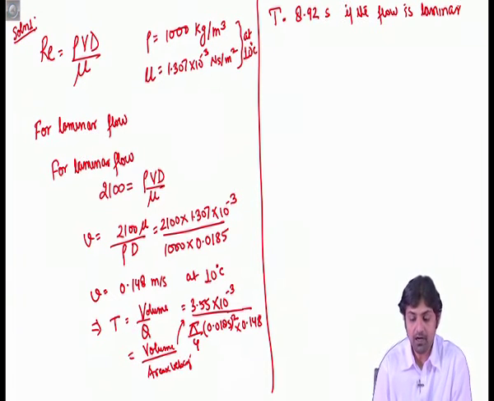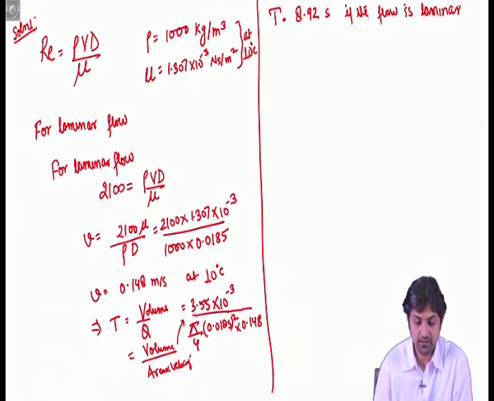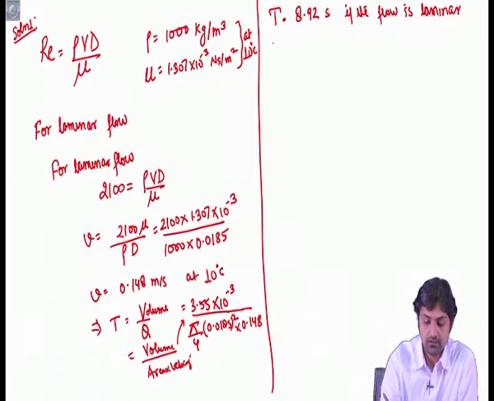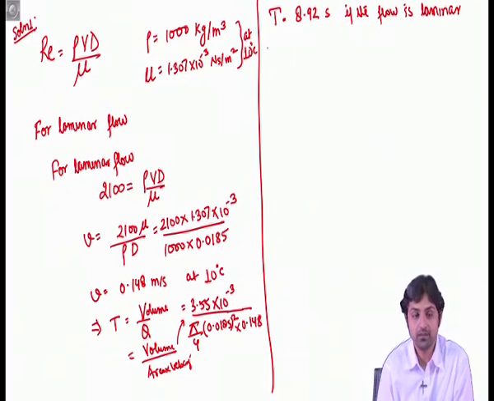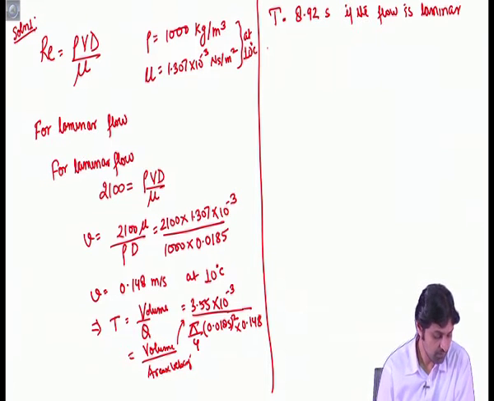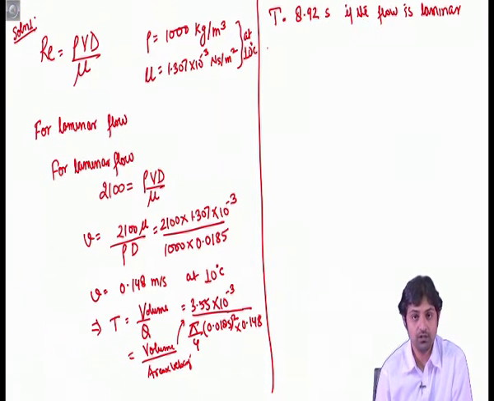Now the second part says, what is the maximum time taken to fill the glass if the flow is to be turbulent? So turbulent regime starts from Reynolds number of 4000, right? If the velocity is high, that means time taken will be very less.